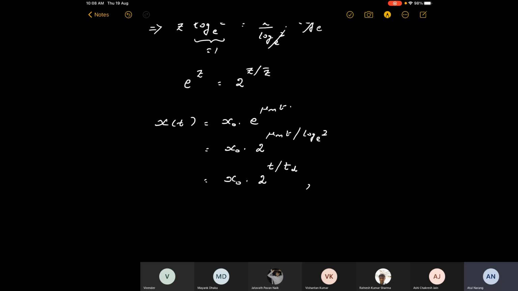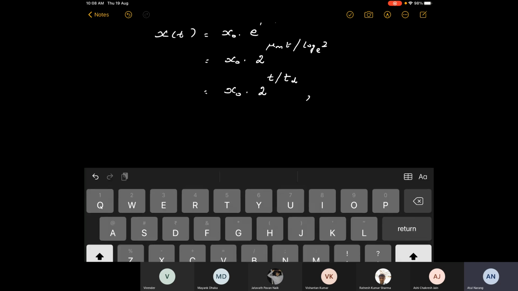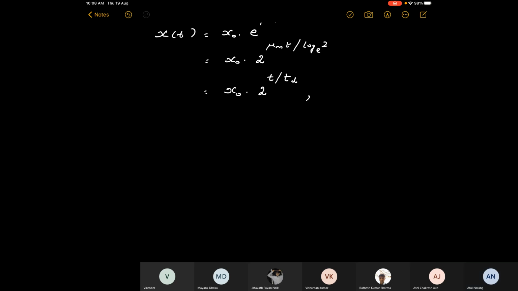It is related to what we earlier called mu m by the simple relationship: td, the doubling time, is defined as log 2 to the base e divided by mu m. This relationship is also important.